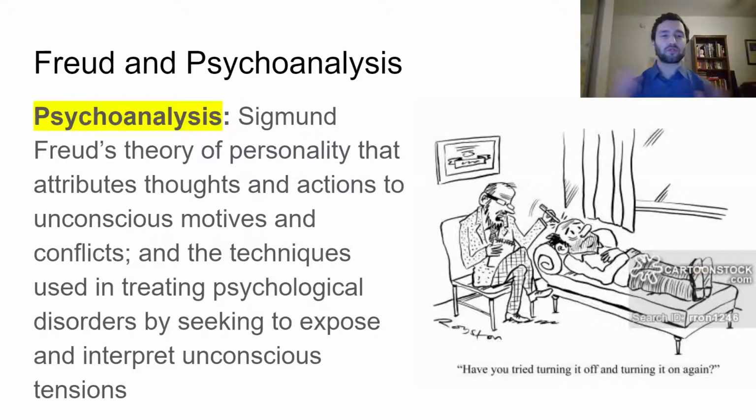As we get through, you'll start to notice that a lot of the things we're going to talk about in this section don't really make a lot of sense, and a lot of them you're going to be like, yeah, that probably doesn't seem true anymore, and we'll kind of bring that around at the very end. But one of the reasons Freud is really important is that he's kind of one of the first people to really take this approach of treating psychological disorders as opposed to thinking there's just some demon inside of somebody, and actually think that you can treat these people.